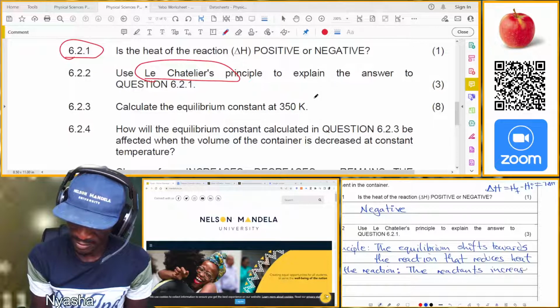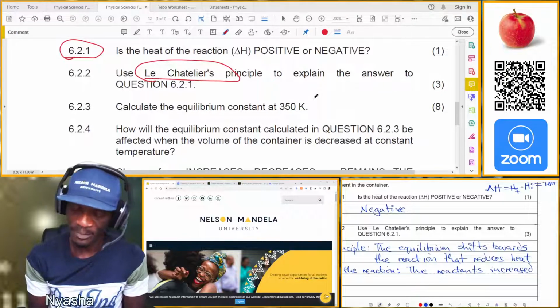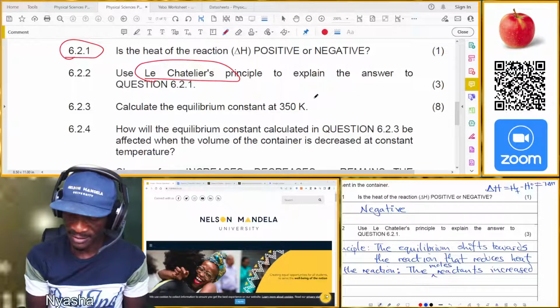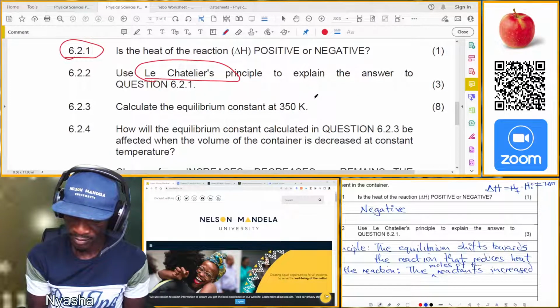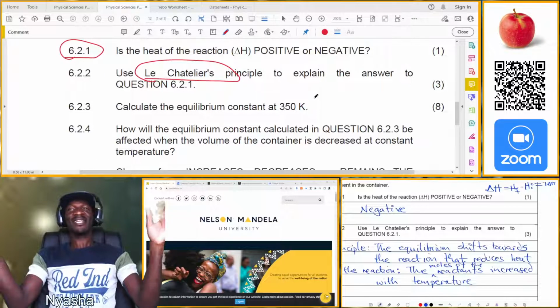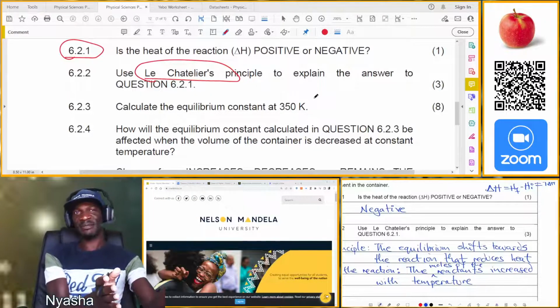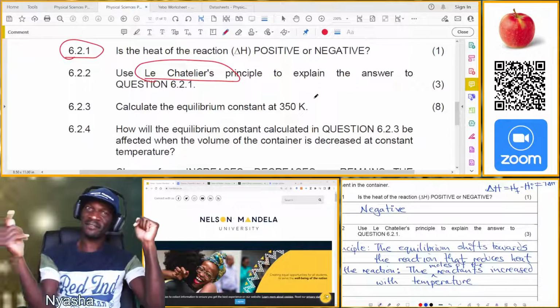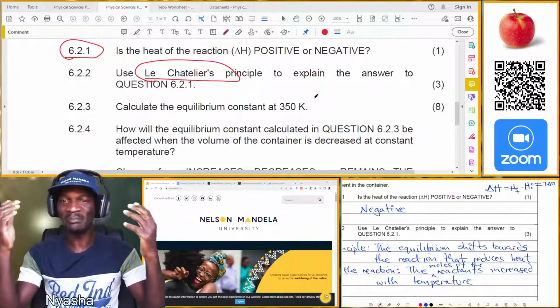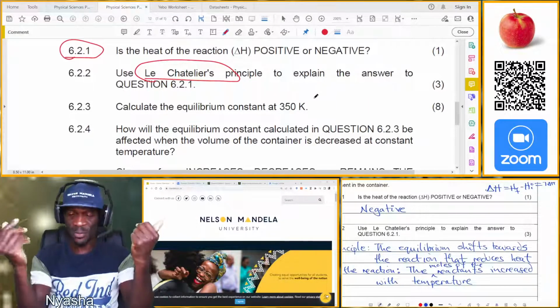So the molar quantity of the reactants increased with temperature. This is what took place. The reactants increased with temperature, implying that the reverse reaction absorbs heat, isn't it? Implying that the reverse reaction absorbs heat.